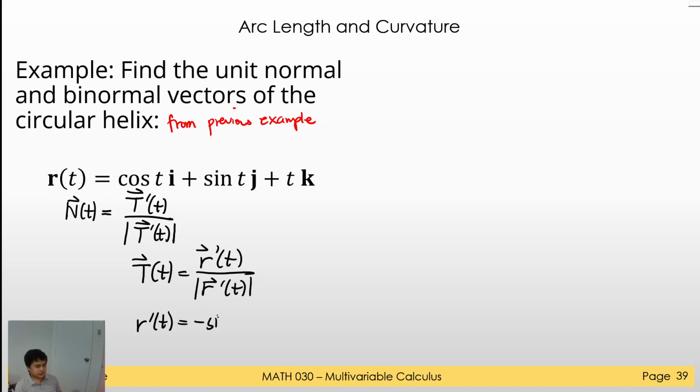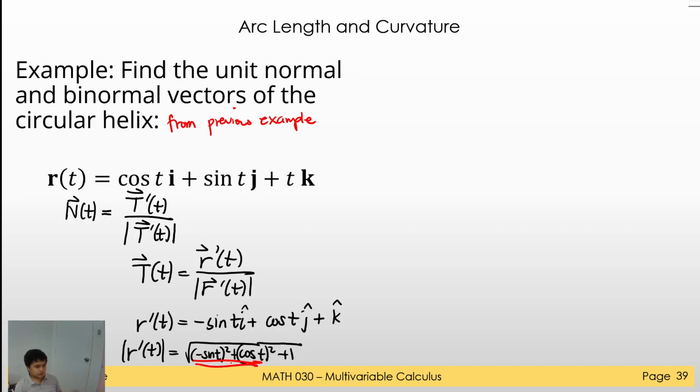This is negative sine t i plus cosine t j, don't forget the unit vectors, and then plus k. The length of r prime of t is equal to the square root of negative sine t squared plus cosine t squared plus 1. As you can see, this will be equal to 1, so the solution for this will be the square root of 2.